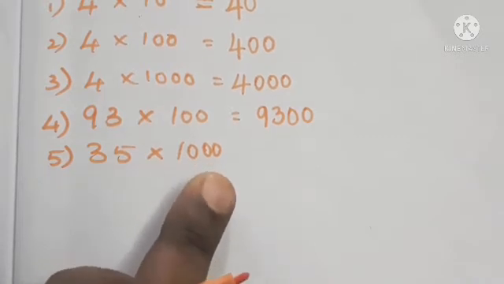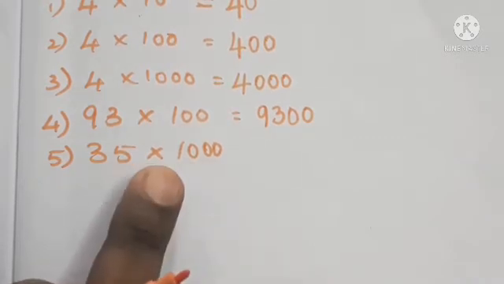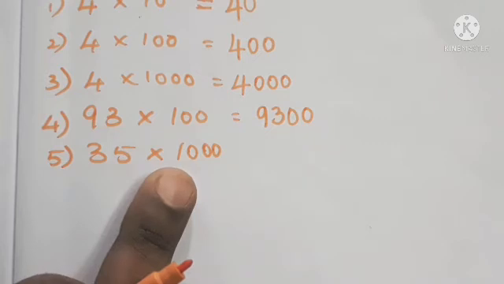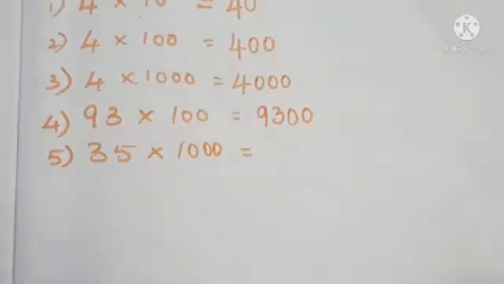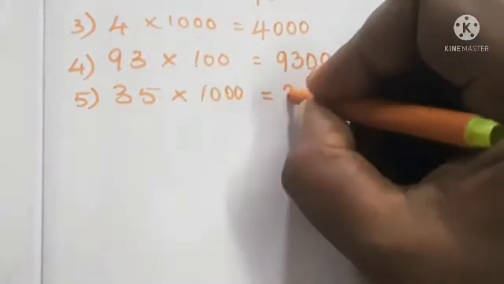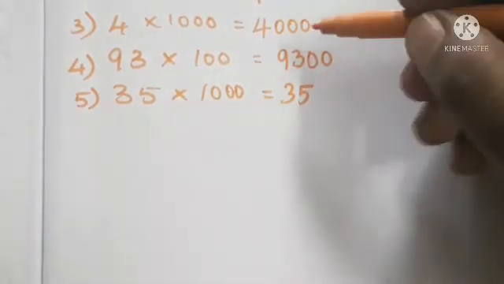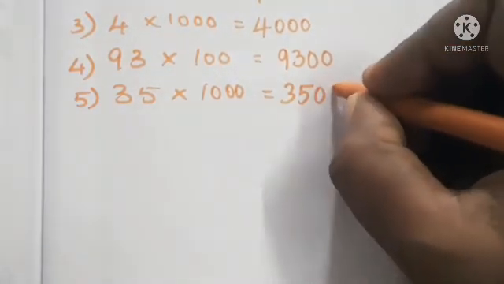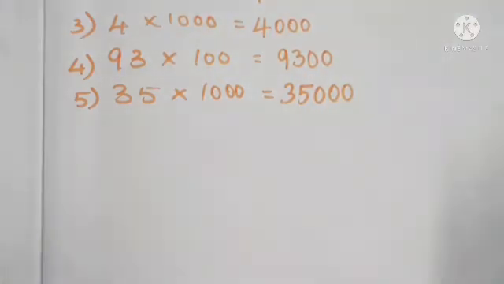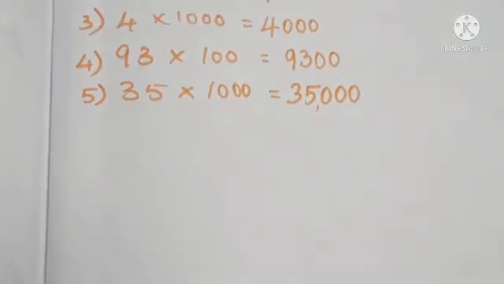So at the back we have zeros. 35 into 1 is what? So we will get the answer 35, isn't it? And how many zeros are there in the 1000? Yes, we have 3 zeros. Those 3 zeros we can write at the back of the 35. So what's our answer now? 35,000. Okay, so 35 into 1000 is 35,000.